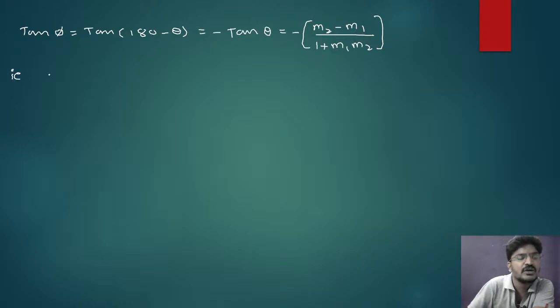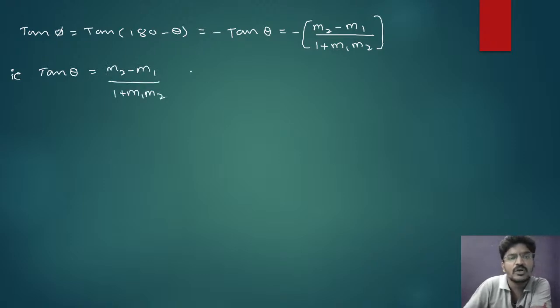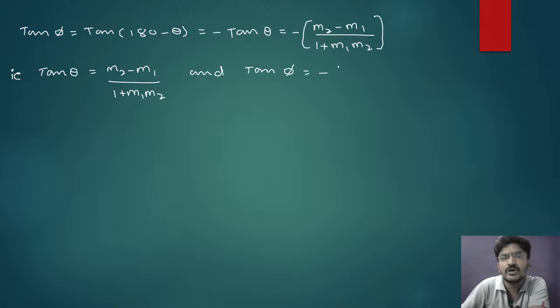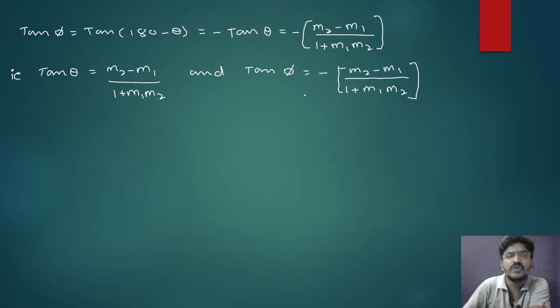Now we got tan theta equal to m2 minus m1 divided by 1 plus m1 into m2, and tan pi equal to minus of m2 minus m1 divided by 1 plus m1 into m2. We got both the angles.